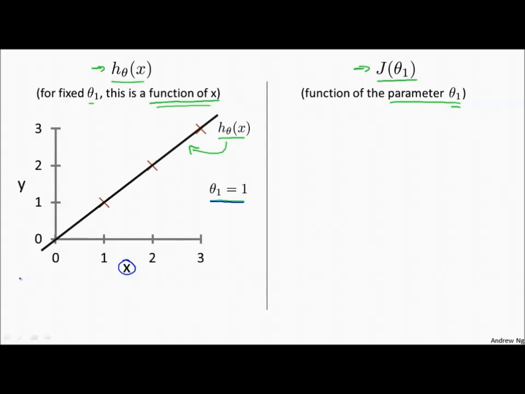What I want to do is figure out what J of theta 1 is when theta 1 equals 1. So let's go ahead and compute what the cost function is for the value 1.